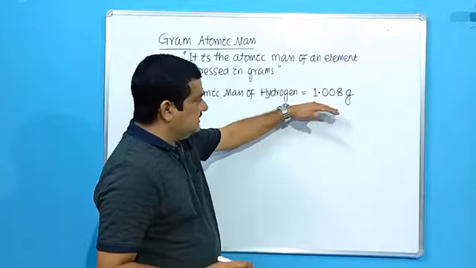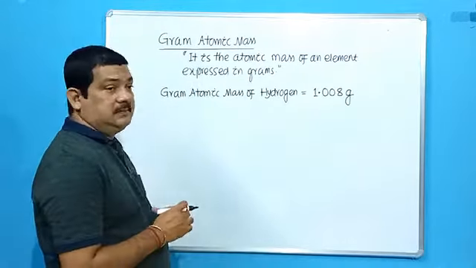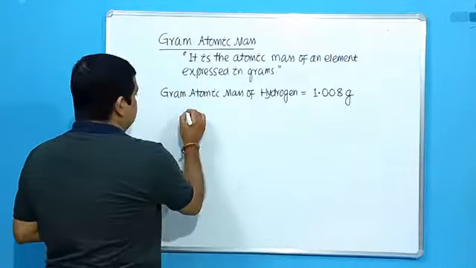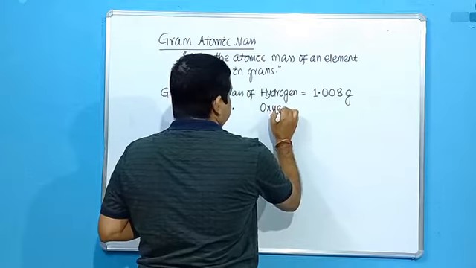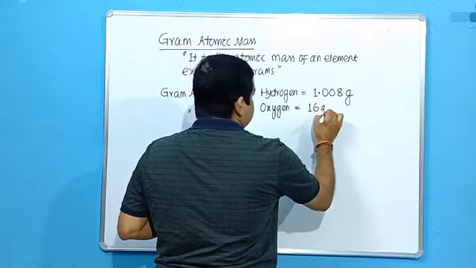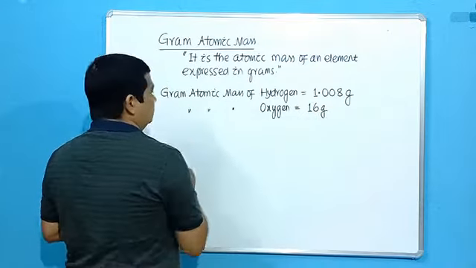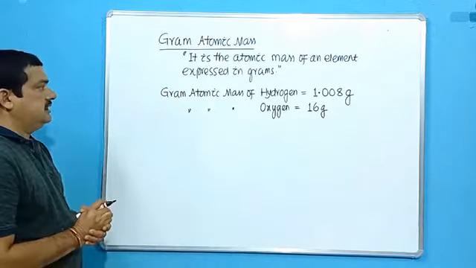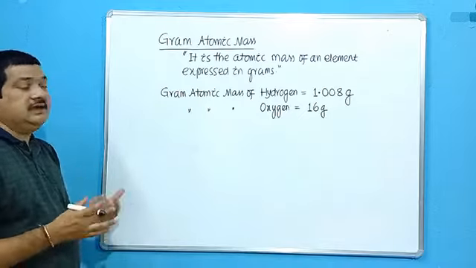Wherever atomic mass has g added on the side, it becomes gram atomic mass. Similarly, gram atomic mass of oxygen: 16 is the atomic mass of oxygen, so 16 g. Okay, so this is how you write the gram atomic mass of any element.